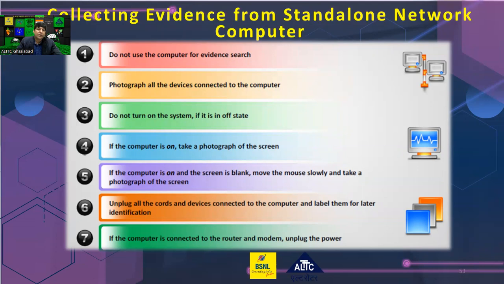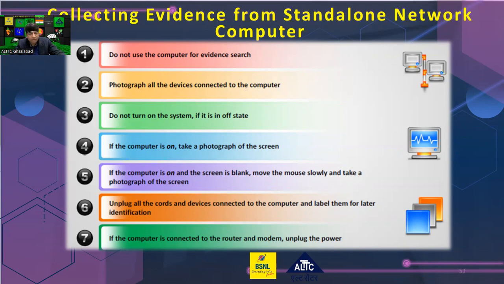Now, collecting evidence from a standalone computer or standalone network computer. Do not use the computer for evidence search. Photograph all the devices connected to the computer. Do not turn on the system if it is in off state. If the computer is on, take a photograph of the screen.